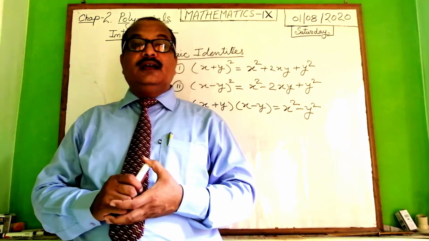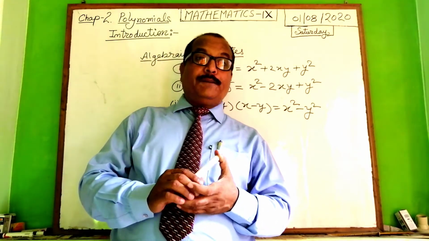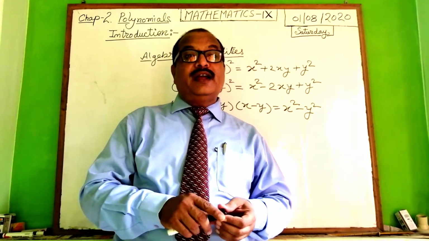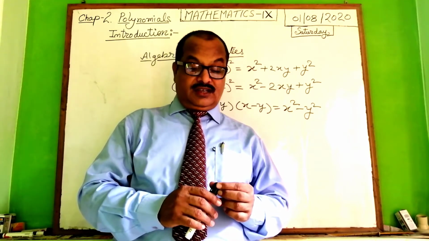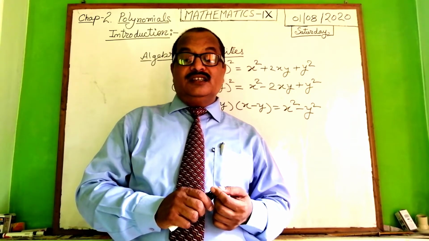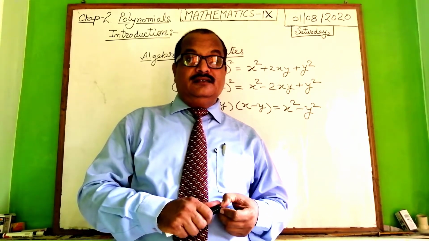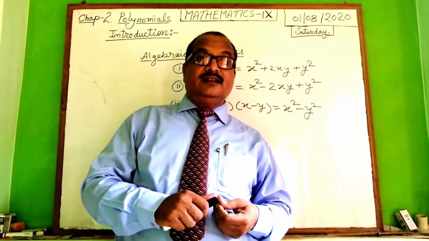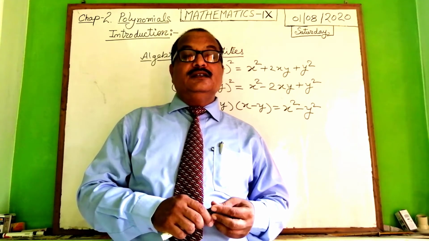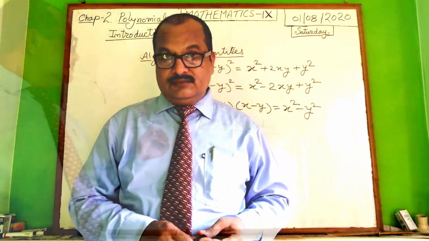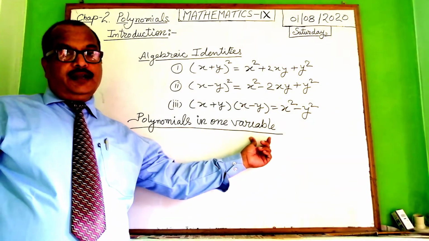The proofs of the remainder and factor theorems are deleted topics and not in your syllabus, but you must learn how to apply the factor and remainder theorems for solving different problems. Polynomials in one variable.